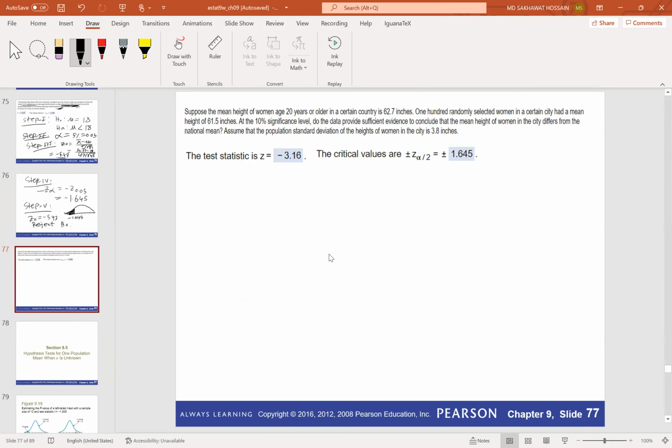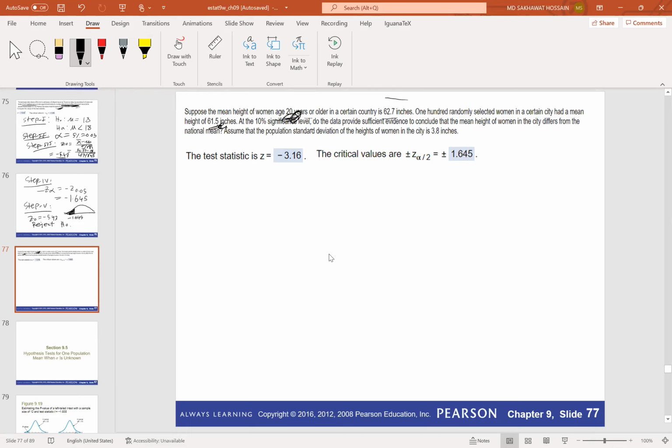Suppose that the mean height of women aged 20 years or older in a certain country is 62.7 inches. 100 randomly selected women in a certain city had a mean height of 61.5 inches. At the 10% level of significance, do the data provide sufficient evidence to conclude that the mean height of the women in the city differs from the national mean?